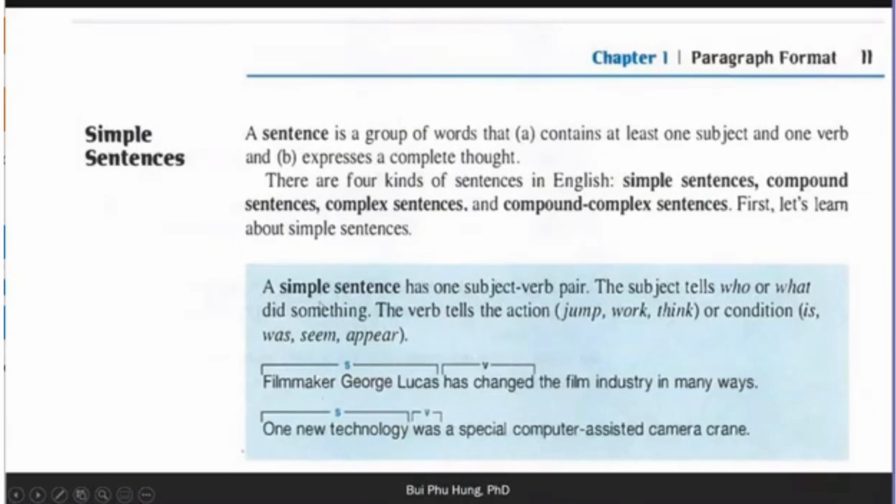So remember, in general, a simple sentence has one subject and one verb. The subject tells who, George Lucas, or what, one new technology. And the verb tells the action, as has changed, or condition, like was in the second example.